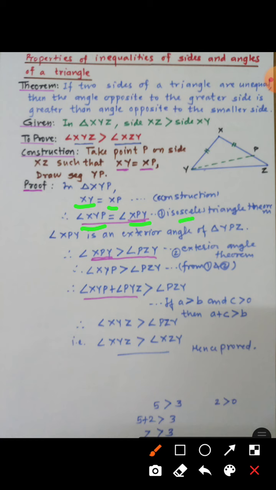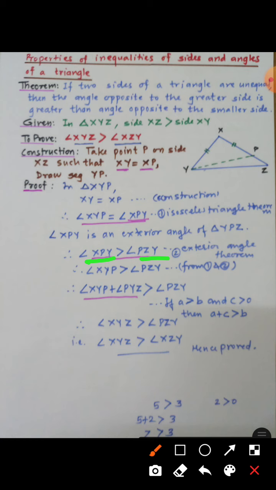Now, in the figure, angle XPY is an exterior angle of triangle PZY. Therefore, angle XPY is greater than angle PZY. Why is it? By the exterior angle theorem. We know in a triangle, the exterior angle is greater than each of its remote interior angles. So, angle XPY is greater than angle PZY.